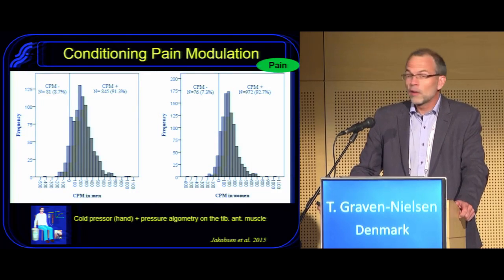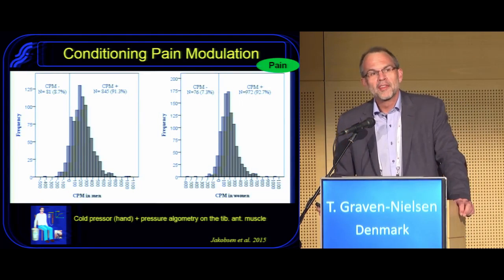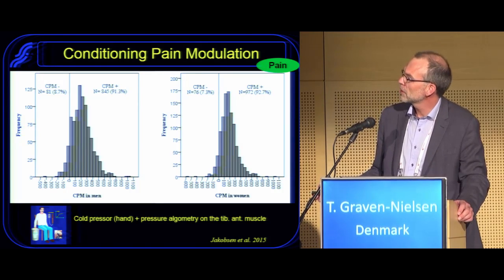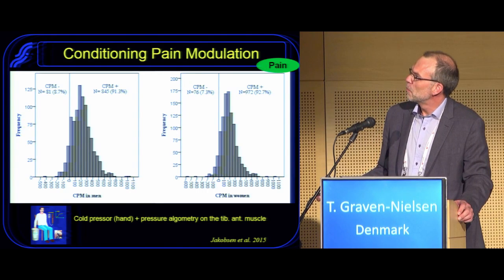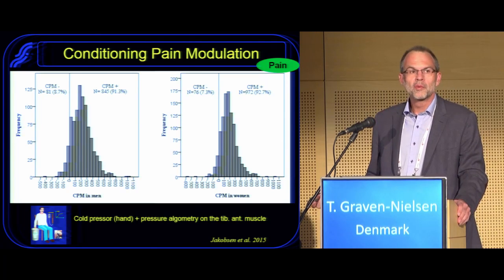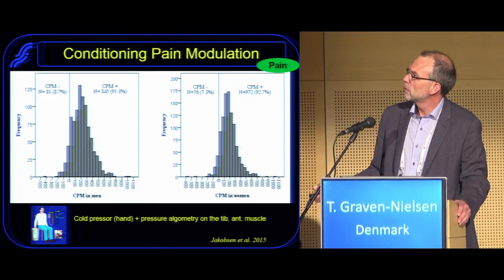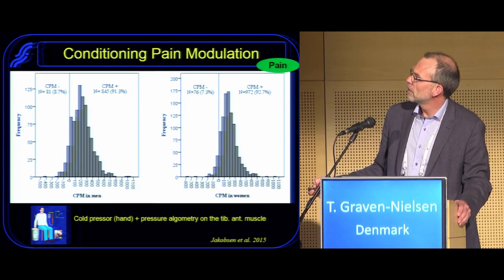If we then call in all our friends, or a little bit more than that, here you see a study where we have included a little bit less than 2,000 subjects, and the typical response is an increase in the pressure pain threshold. On these histograms, we have the males and the females, and you can see that most subjects actually have an increase. This is what you see on this side and this side.